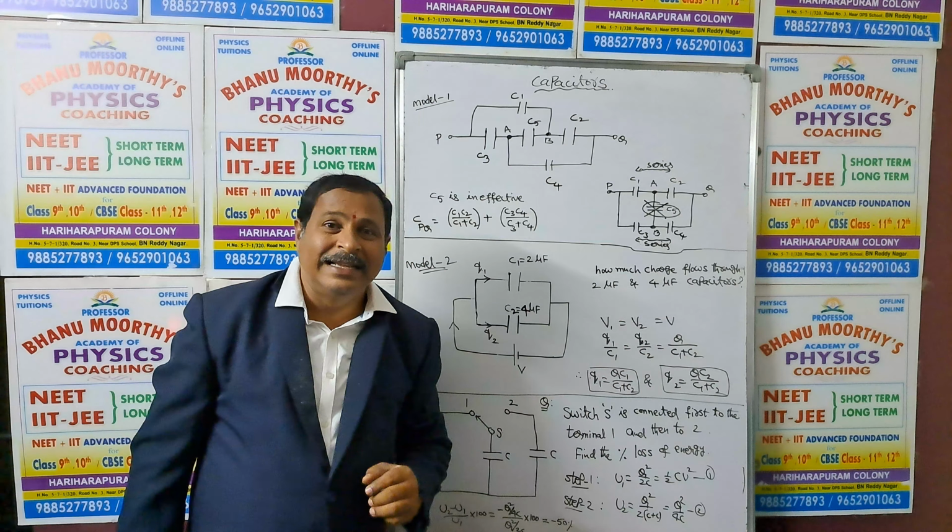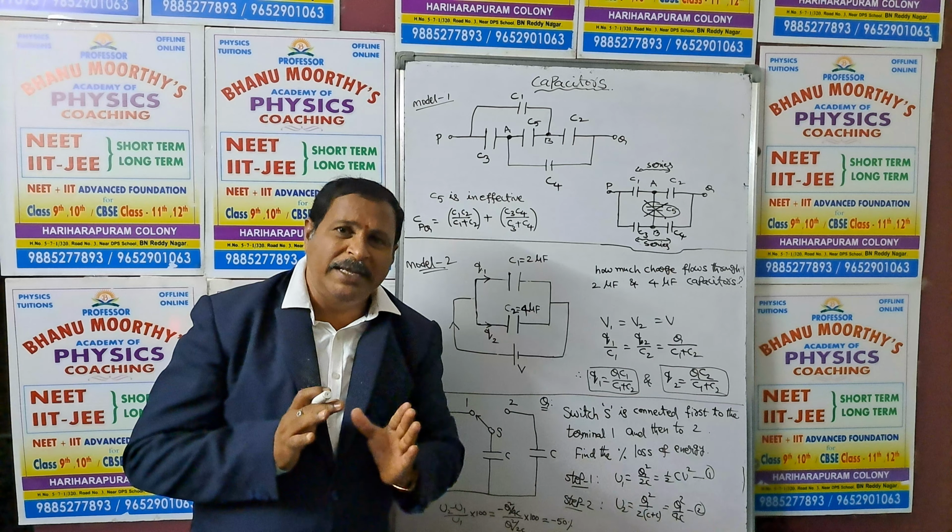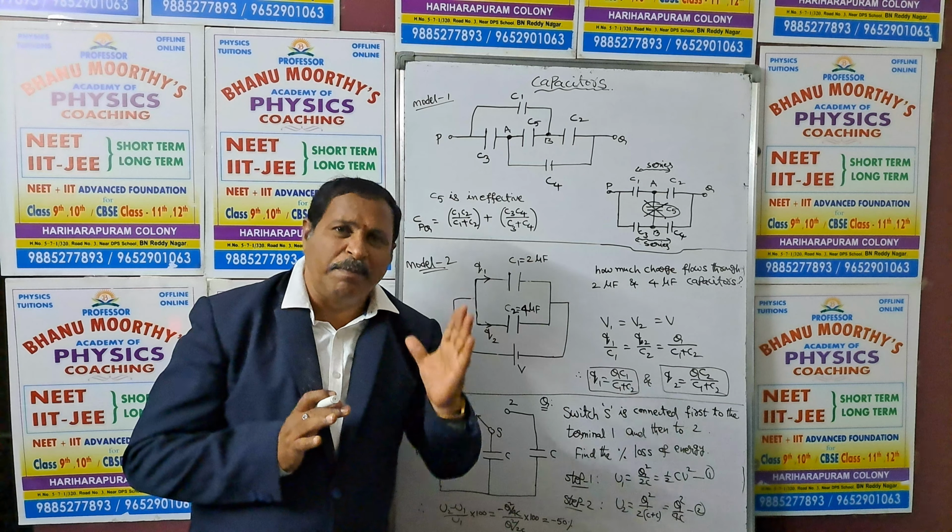If you want the Q2 formula, equate these two. Finally, my dear students, CBSE, MPC, BPC students, refer to these two equations for the parallel combination: Q1 equals Q into C1 by C1 plus C2, and Q2 equals Q into C2 by C1 plus C2.